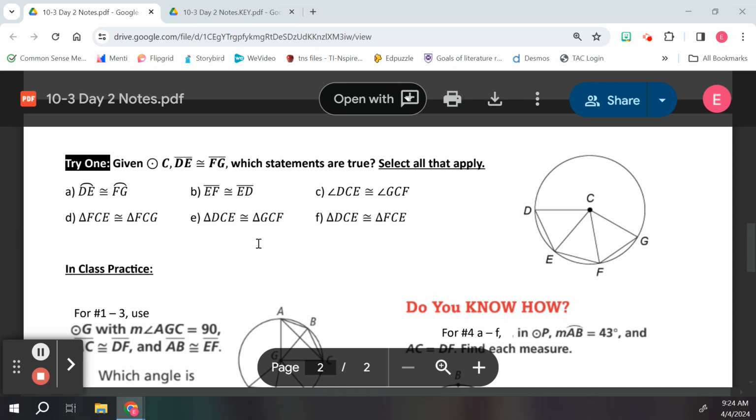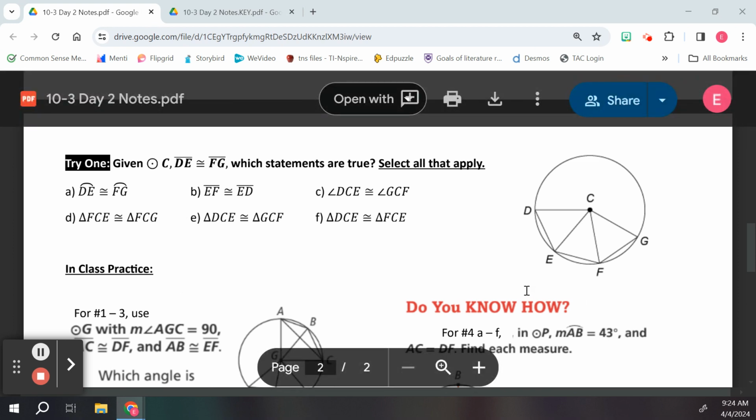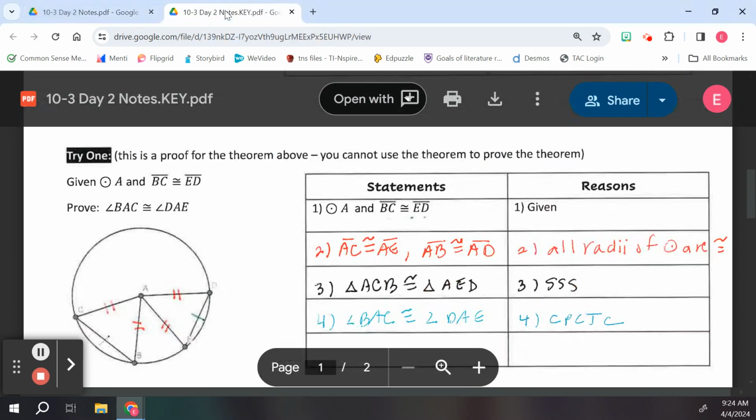All right, show of hands, who's still working on this one? Okay, so let's see if you did this correctly.